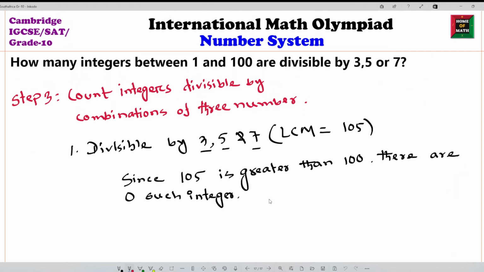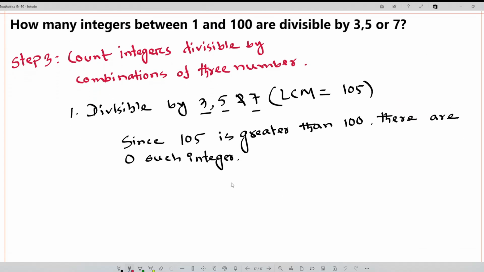Therefore we are following this method, inclusion and exclusion. So now we will apply step 4, apply inclusion-exclusion.